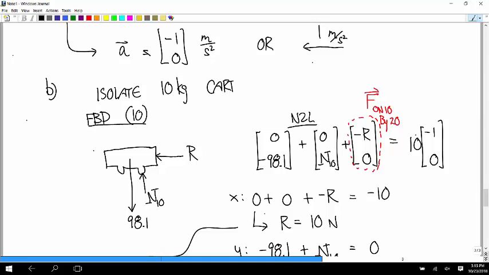Well, in essence, when we isolated the 10 kilogram cart, we did know about that 30 newton force because we used the 30 newton force in part A to calculate the acceleration. So it does get in there indirectly, but to follow the steps, all you do is apply the weight force, go around the boundary and apply the contact forces. Yep.